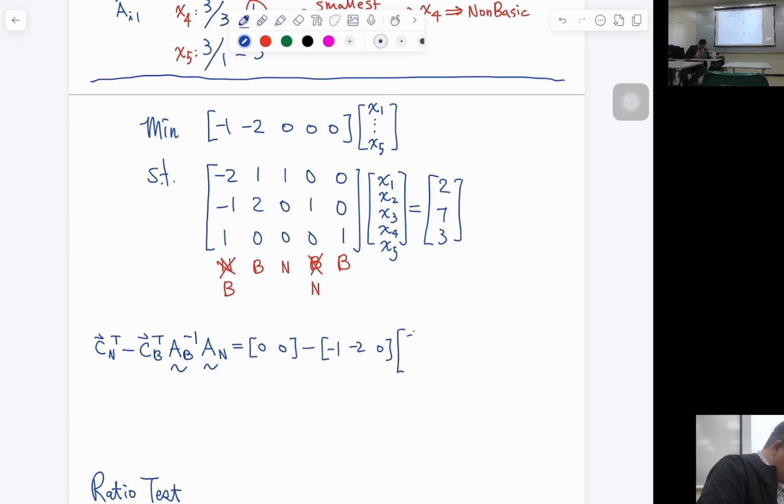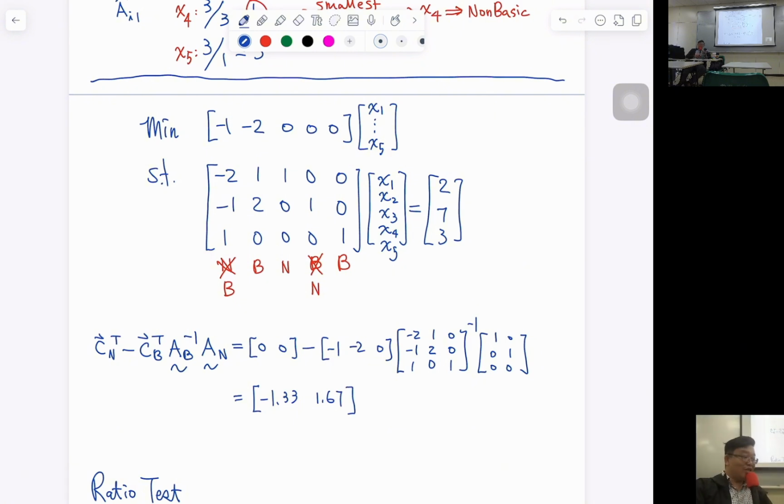AB here, inverse it, An, 1, 1. And I have solutions, sorry, being lazy. So it's going to be negative 1.33 and 1.67.